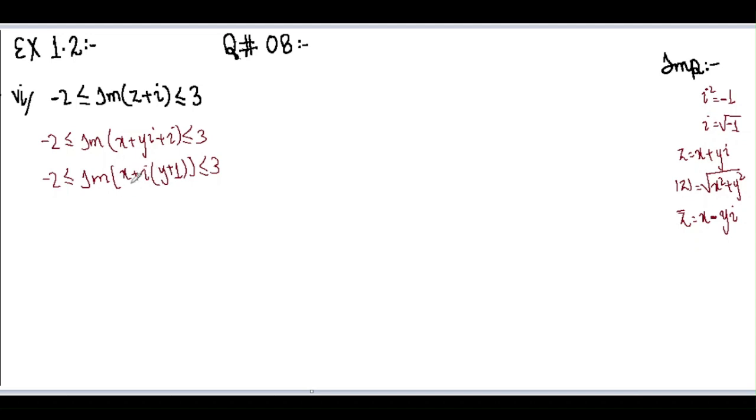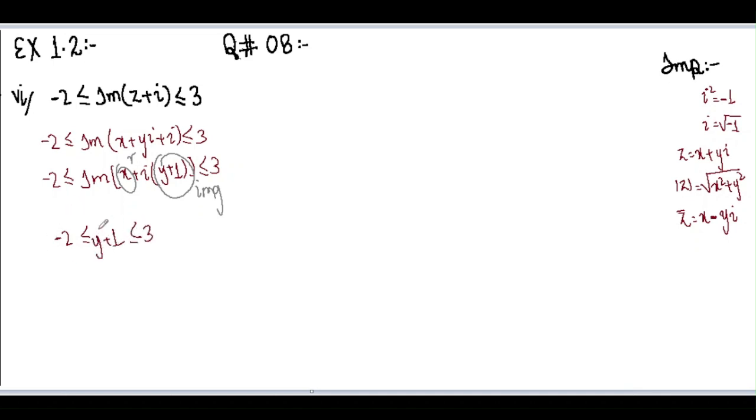Now this is the real part, I must write it over here. This is the real part and this whole is the imaginary part as it contains iota. So now we are going to solve it further. We have to separate the imaginary part, so we are just going to write here y plus 1 and dropping x, we get minus 2 is less than equal to y plus 1 is less than equal to 3.